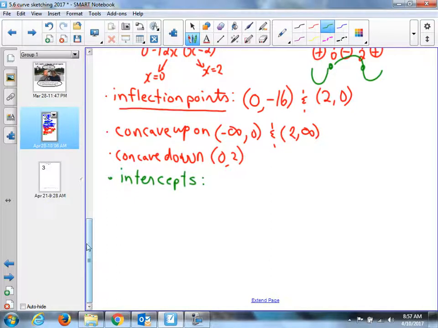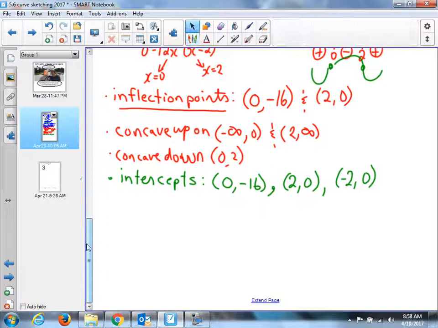X and Y intercepts. The easy one, when x equals 0, you get negative 16 out of it. We already had 2, 0 in there. A quick look at your original function, since it's factored, tells you that negative 2, 0 is another value of where you get y equals 0.